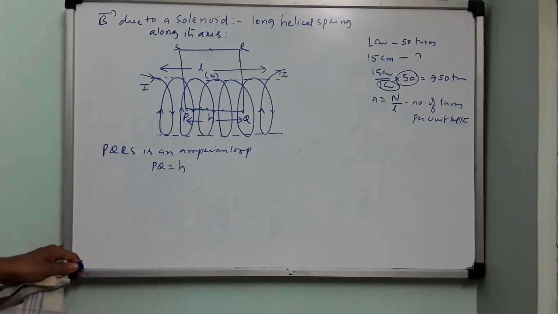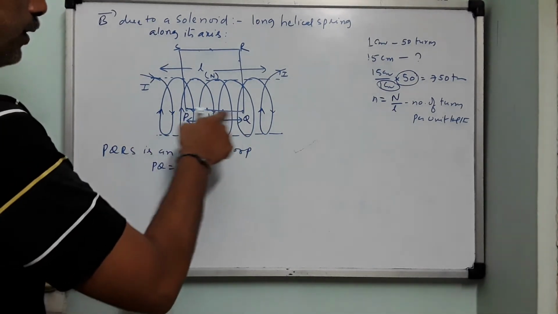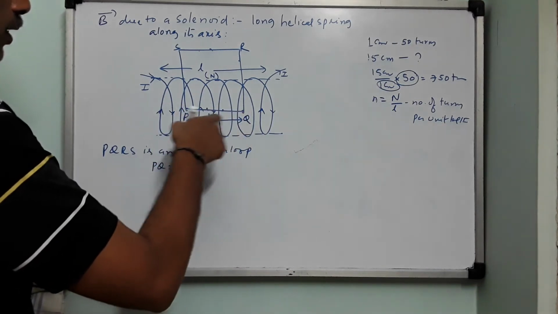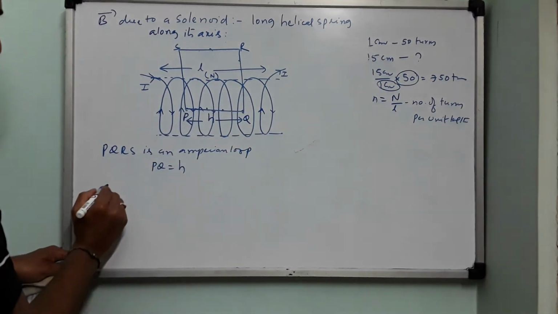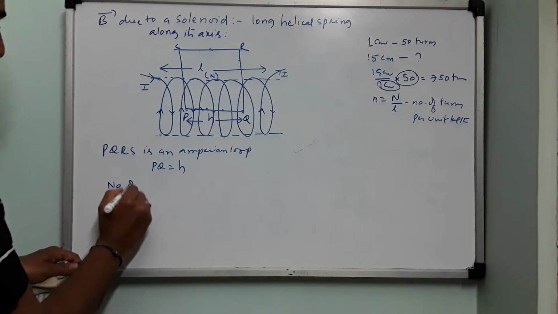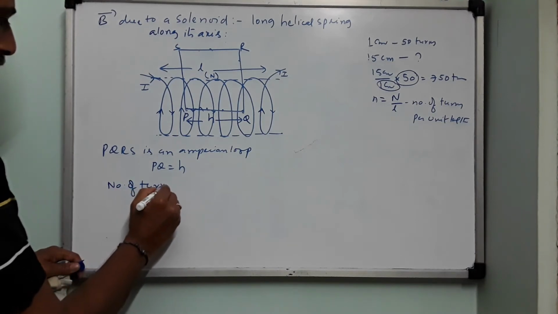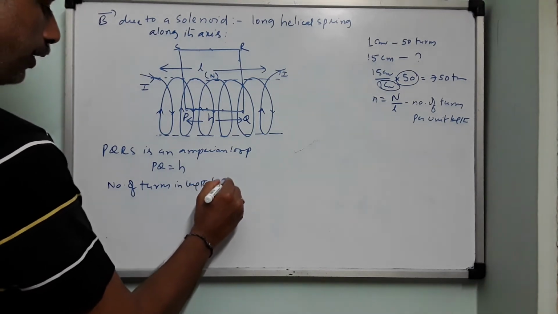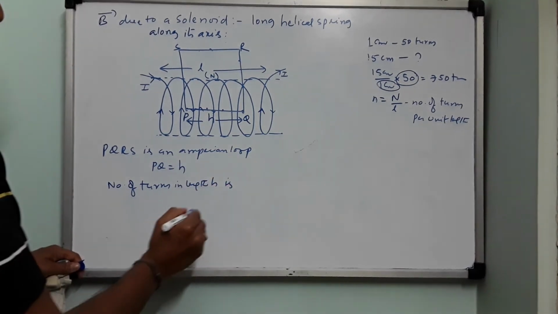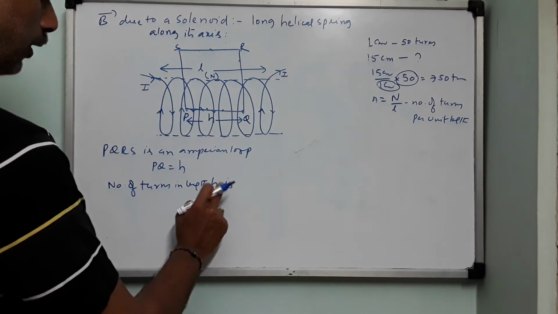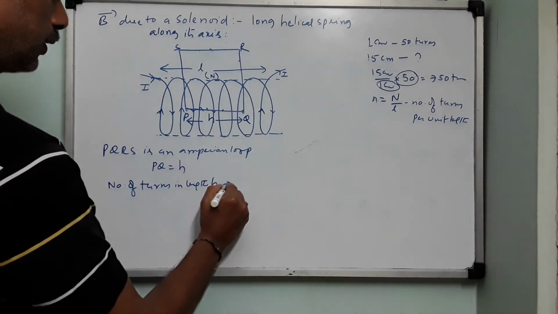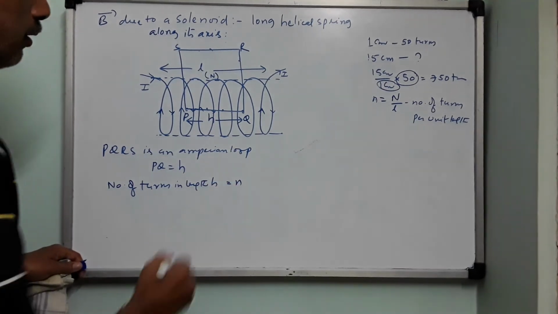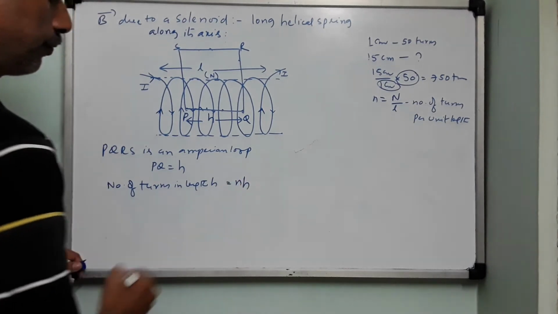Fine, right. So how many turns will be there from P to Q? The number of turns in length h is equal to the number of turns per unit length multiplied by h.